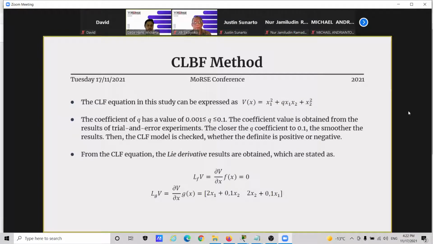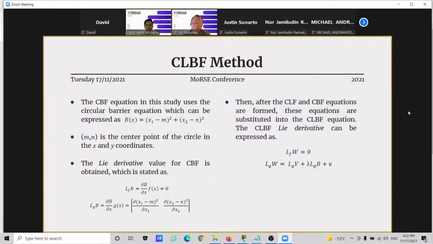From the CLF equation above, we take 0.1 as the value for the q coefficient, and then the derivatives are obtained: LfV equals 0 because the dynamics f(x) behave as 0, and LgV is the partial derivative of the CLF function with respect to g(x), and g(x) is the second order identity matrix, so it has the value you can see on the slide.